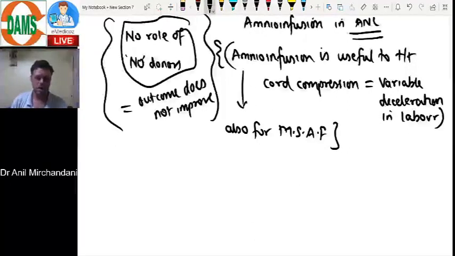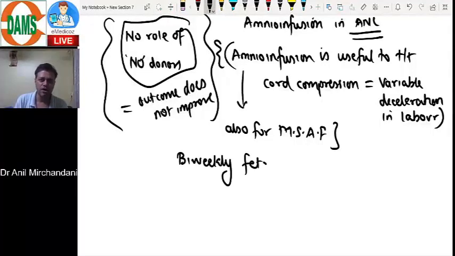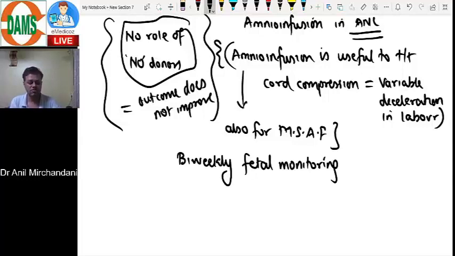So my role as a doctor is to do bi-weekly fetal monitoring. It's a high risk pregnancy, so it has to be dealt with by bi-weekly fetal monitoring.